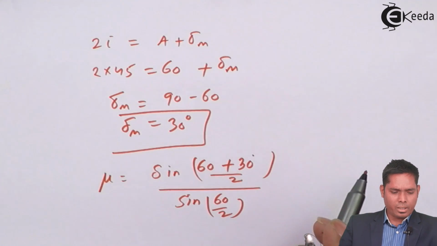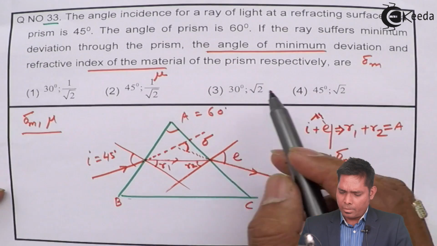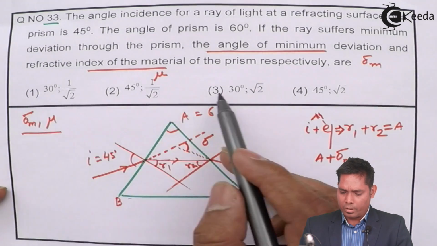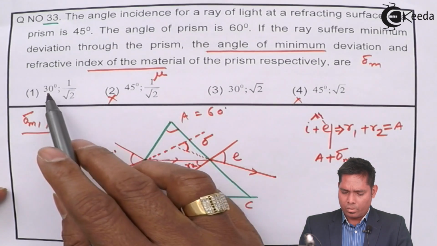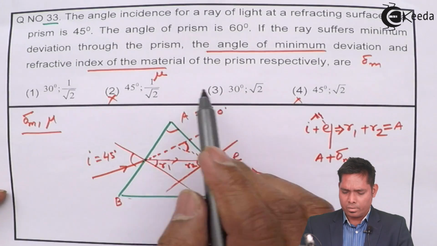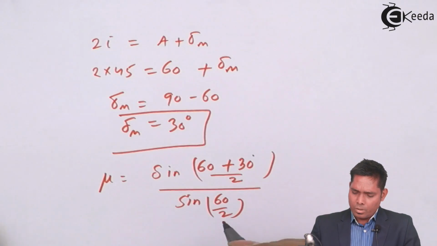If I see the options, 30 degrees means options 2 and 4 are not possible, so either 1 or 3 is the answer. From here I have to check which one is the answer.